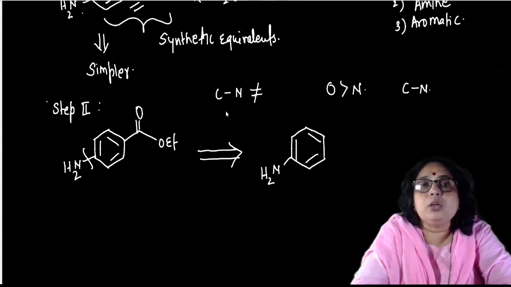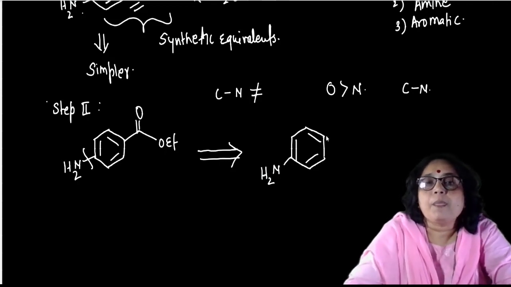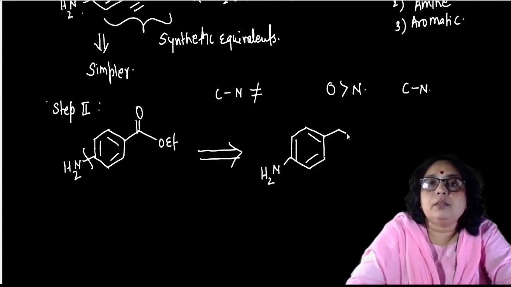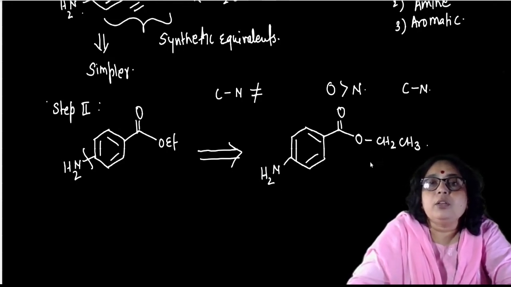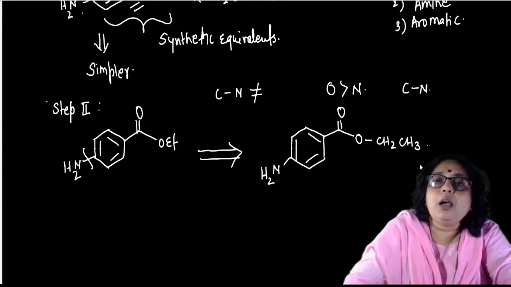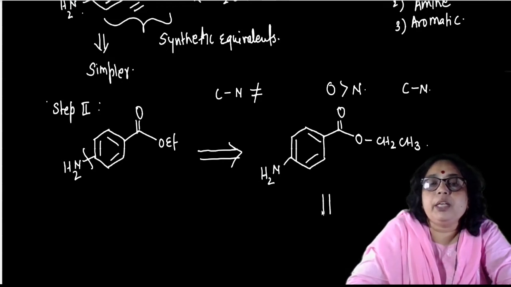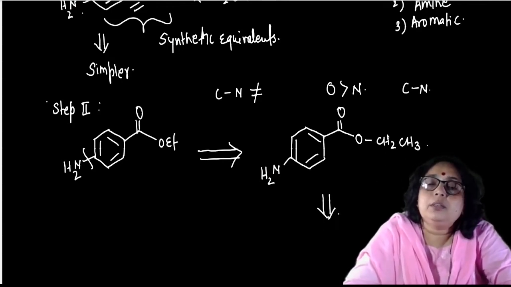All right. So CN disconnection is not feasible in this case. Then let us extrapolate the molecule. So a little bit of work I'm doing. I have just expanded this ethyl group. Now it is quite clear where I put the disconnection.